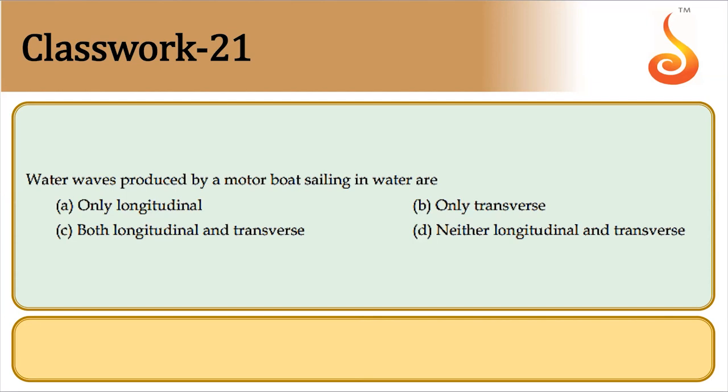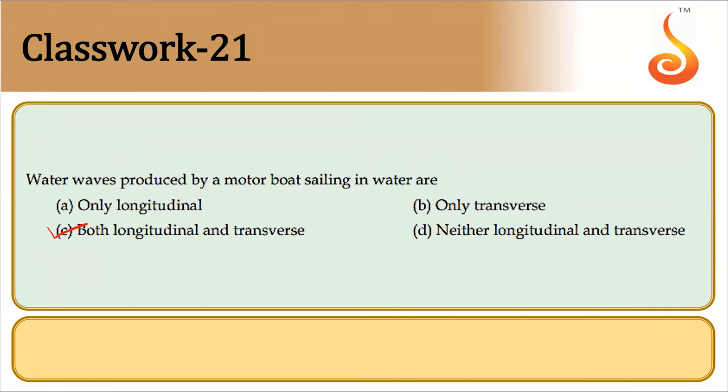Water waves spread away from the source of disturbance sideways, and during the motion of the wave, the particles of water on the surface move up and down. So because of this they have transverse nature, but inside water they travel in a longitudinal way. So both longitudinal and transverse it is, so it must be option C. It is just like ripples.